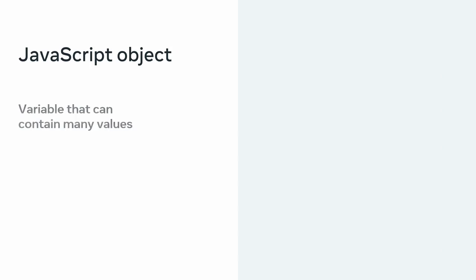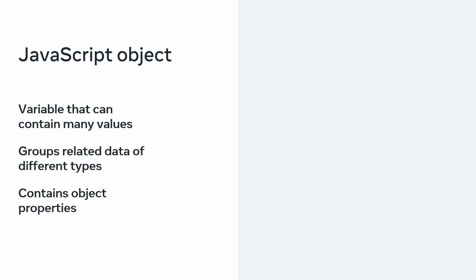Before you begin your journey with props, let's revisit another piece of JavaScript functionality that will help you understand how props work. It's called the JavaScript object. Recall that in JavaScript, an object is a special type of variable that can contain many values. You use objects when you need to store groups of related data of different types, and each data type is known as an object property.